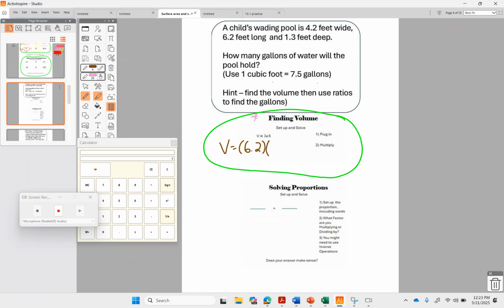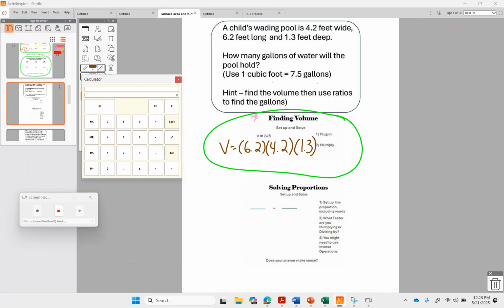The width, which is 4.2. And the depth, which is 1.3. You're going to multiply all of these together. 6.2 times 4.2 times 1.3 equals, my volume is 33.852 cubic feet, which I can write this way.